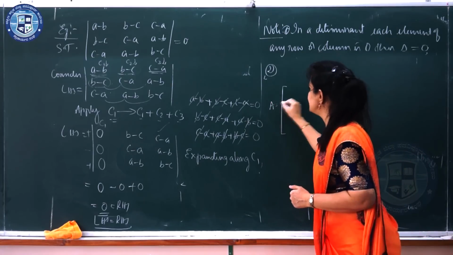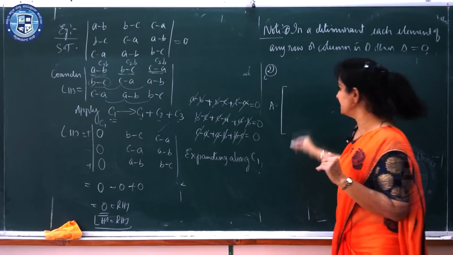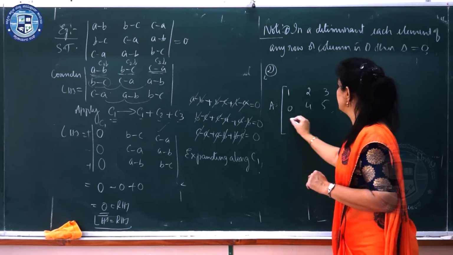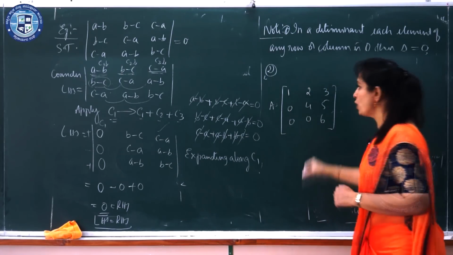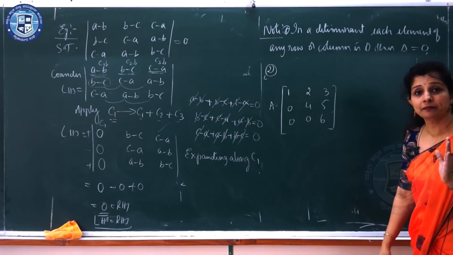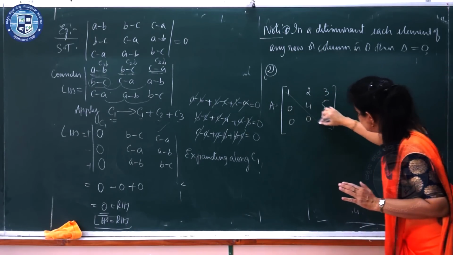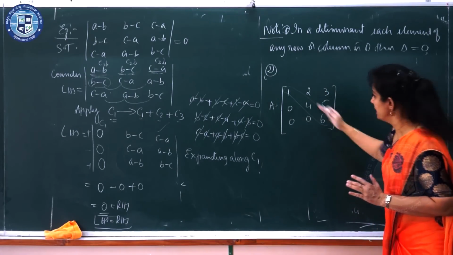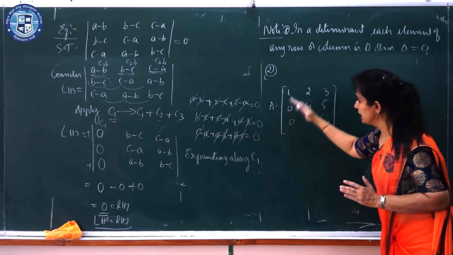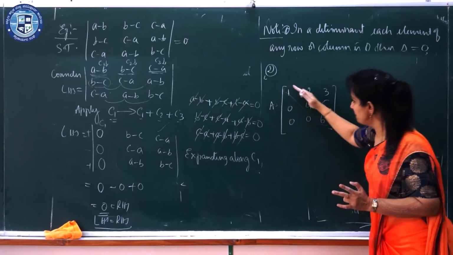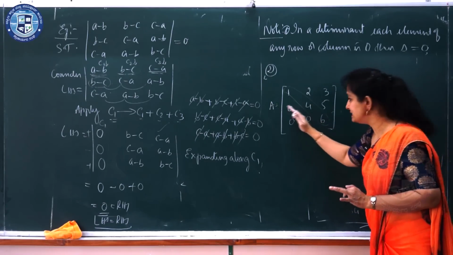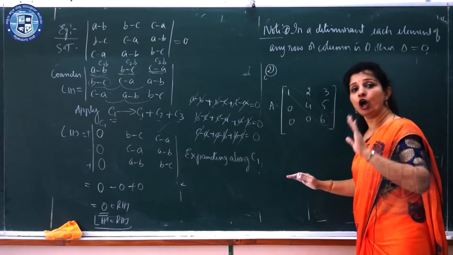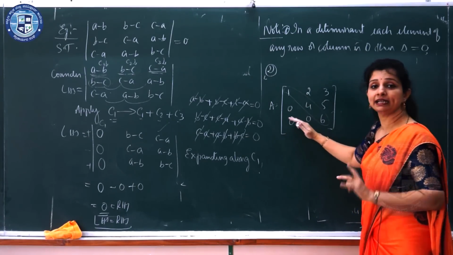If A is a matrix like 1, 2, 3, 0, 4, 5, 0, 0, 6, this principal diagonal is 1, 4, 6, and all the elements below the principal diagonal are zeros.